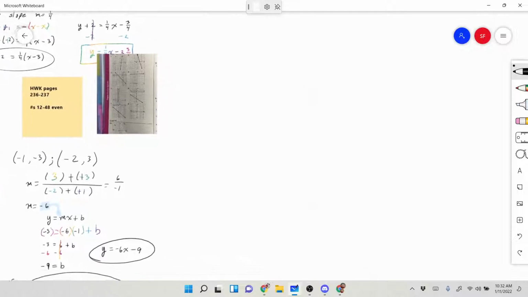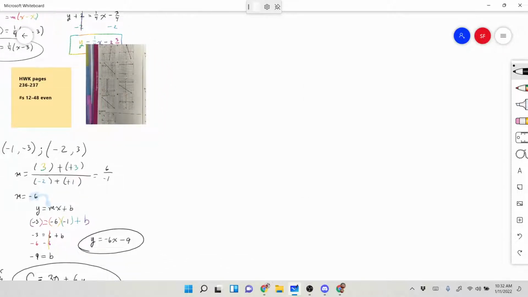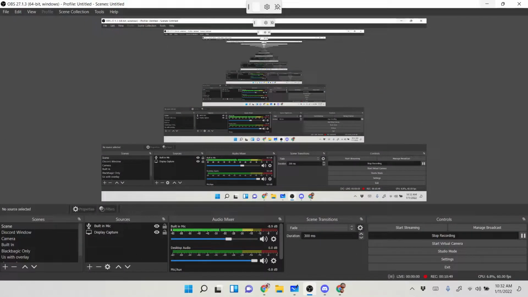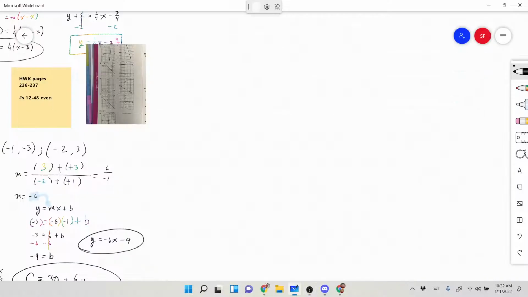So, pages 12 through 48 even on page 236 through 237. So, let me pause this again. Actually, because this one does need to be watched, we'll keep it going. Okay, so number 12 is y plus 1 equals -3 times the quantity x minus 2.